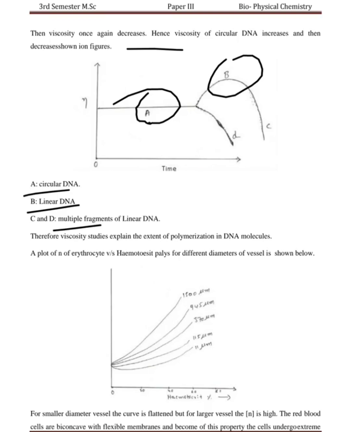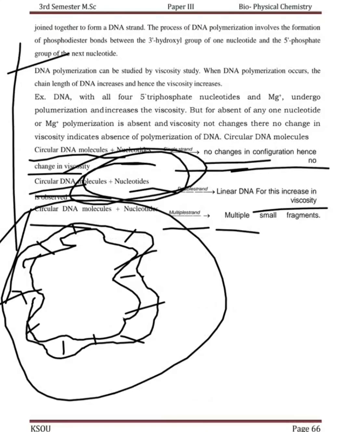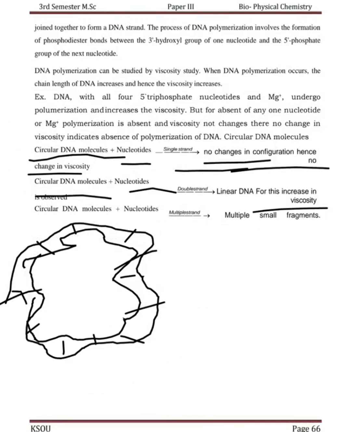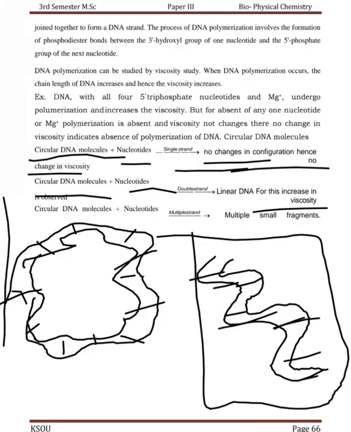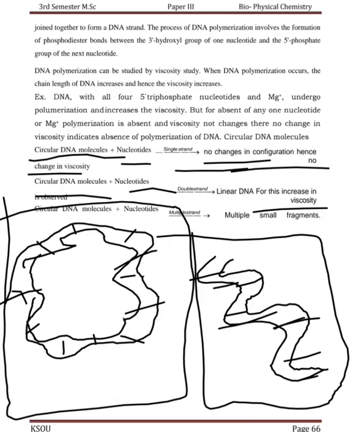You should know what circular DNA and linear DNA are. So this is circular DNA, and linear DNA will be like this. This is the structure of linear DNA, and this is the structure of circular DNA.